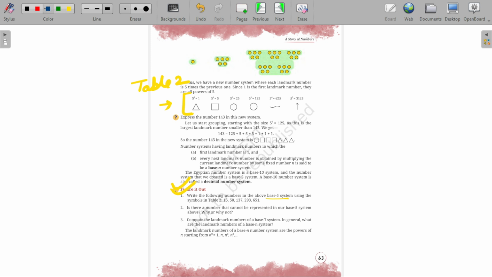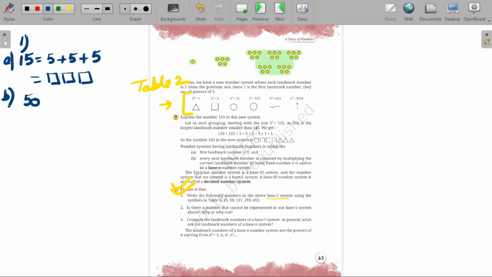Question 1, part A, 15 in base 5. It is easy: 5 plus 5 plus 5, and 5 can be presented as a square. So how many squares? 3 squares. This is 15 presented in the base 5 system. One more question I'll do and the others will be your homework.